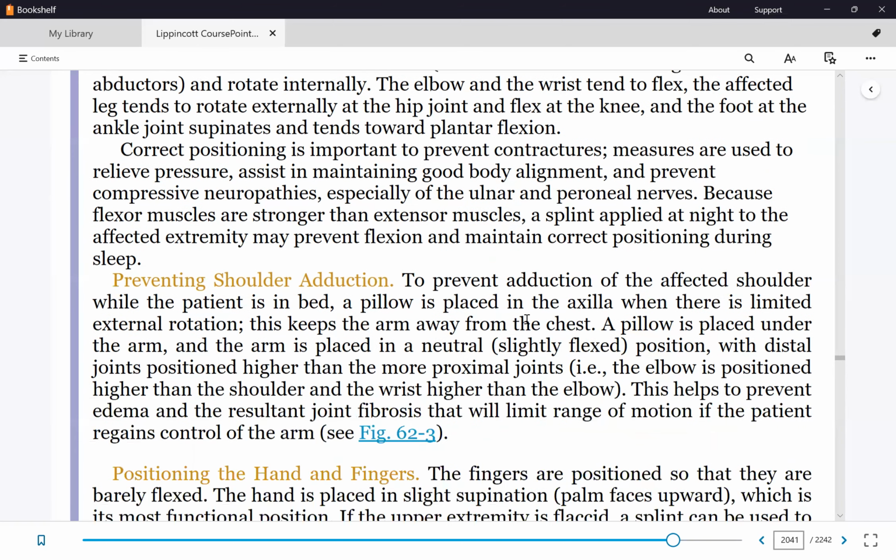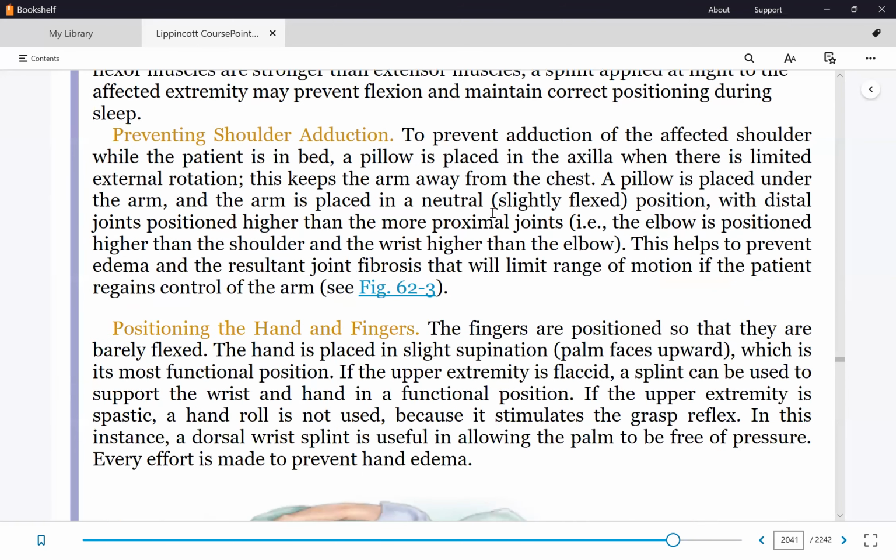Maintain good alignment. Here, preventing, I mean, because can they have contractures as well? Yes, there could be contractures, especially if it's left in a flexed position. So make sure they maintain joints. Okay, hands, keep them moving.